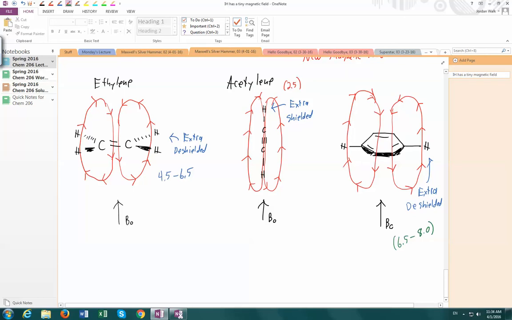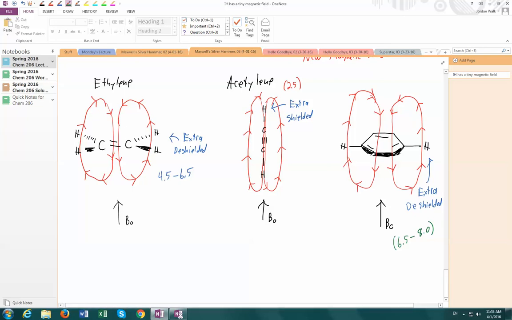And again, it's anisotropic effects that ultimately cause these shifts, so you can't just look at electronegativities. But fortunately, it's pretty characteristic. Anytime you see a shift between 4.5 and 6.5, that tells you that you almost certainly have a proton that is connected to an sp2 hybridized carbon.